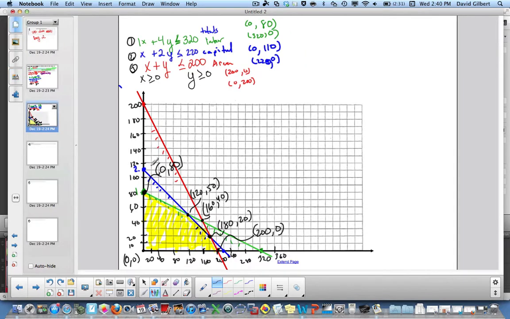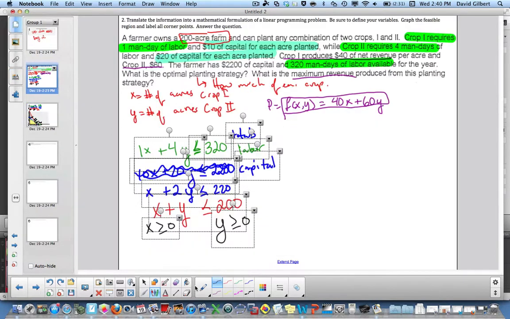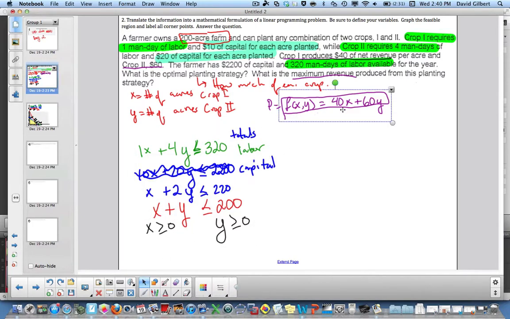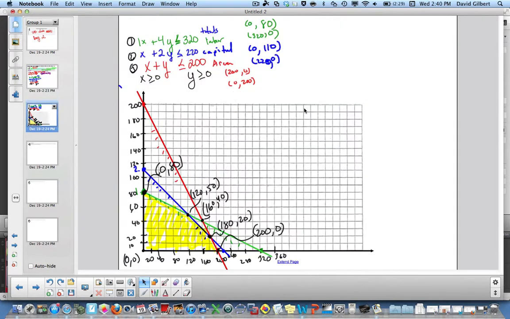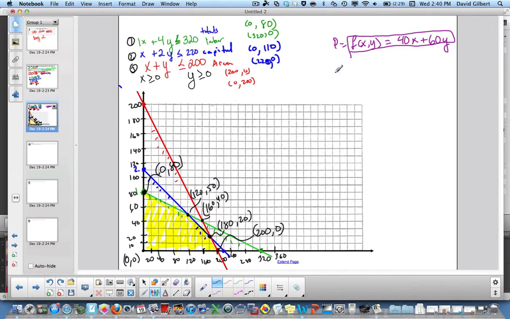profit. So I go back up here. What was my profit function? It was this. So I'm going to use that here, and again find the values. So I'm going to plug in each of my points. So we got 0, 80, and that's going to give me, plug that in, 40 times 0 is 0, plus 80 times 60 is 4,800, so 4,800.